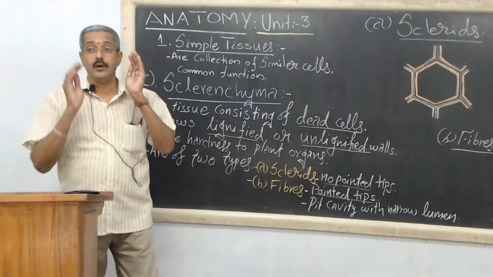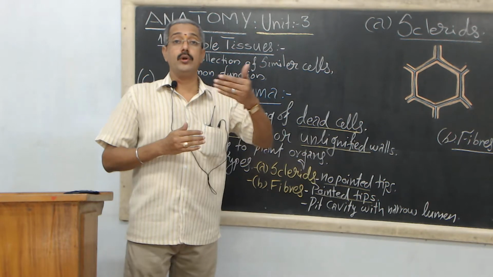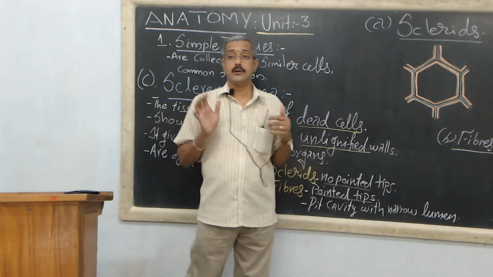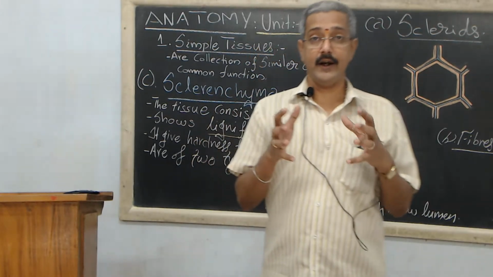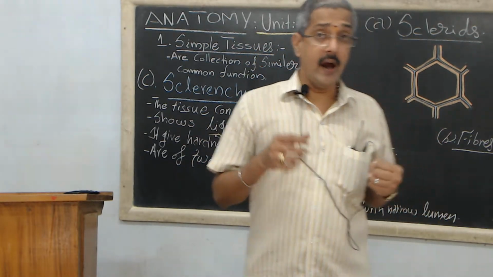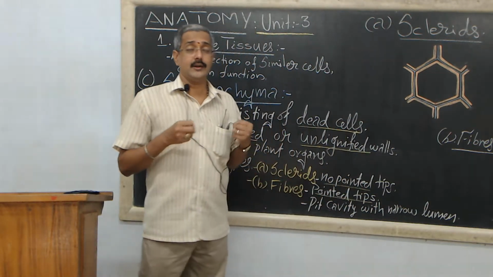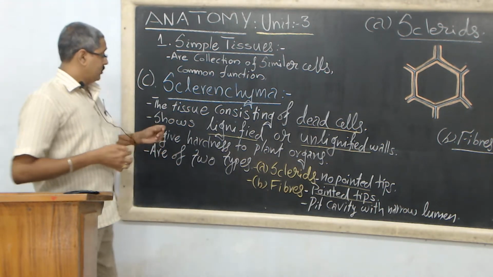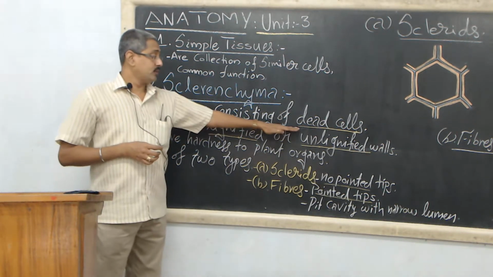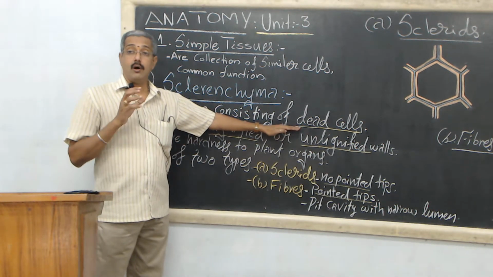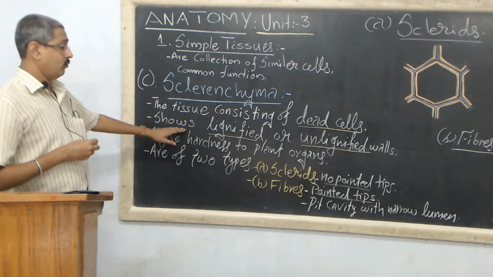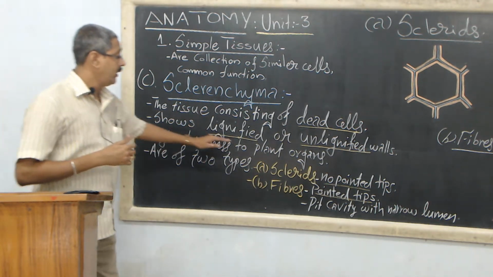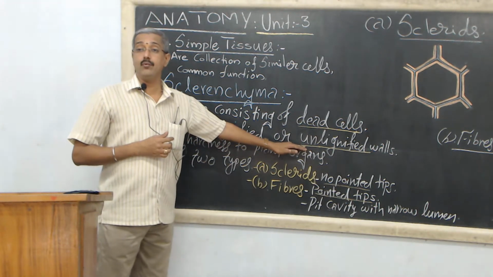Normally the cells are thin walled, which allows intercellular transport, but here the sclerenchyma is required to differentiate to perform a mechanical function. So sclerenchyma is usually seen as dead cells in plant organs, because it shows lignified or unlignified walls.